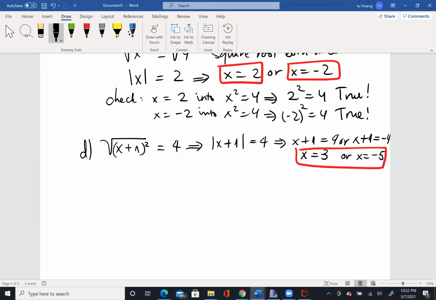Okay, so let me see. Let's talk about the domain of a square root function. Okay.